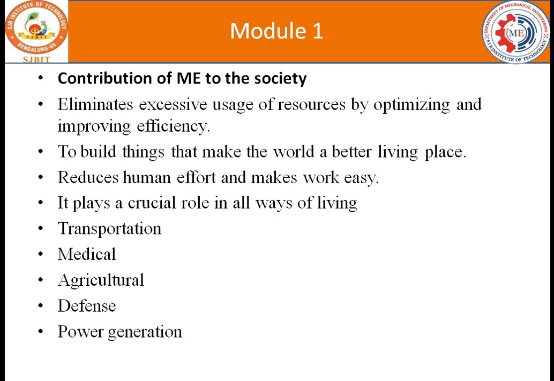So what contribution can they give to society? They eliminate excessive usage of resources by optimizing and improving efficiency, to build things that make the world a better living place. It reduces human effort and makes work easy. It plays a crucial role in all the ways of living: transportation, medical, agriculture, defense, and power generation.